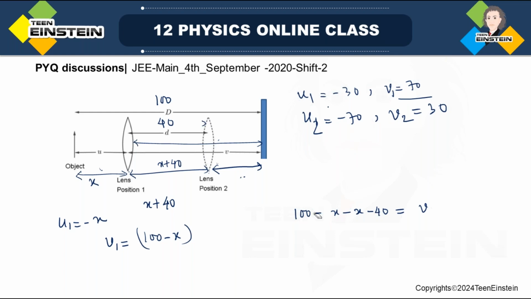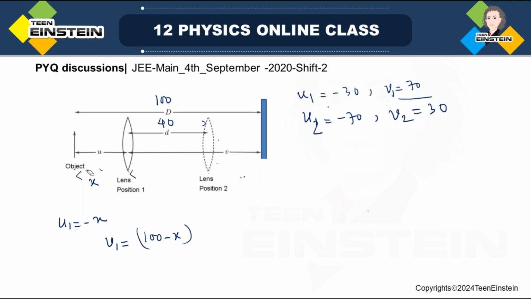In the first case I have explained. So once again I'll make it a little bit simpler. In the first case the object distance is x, then image distance will be 100 minus x.